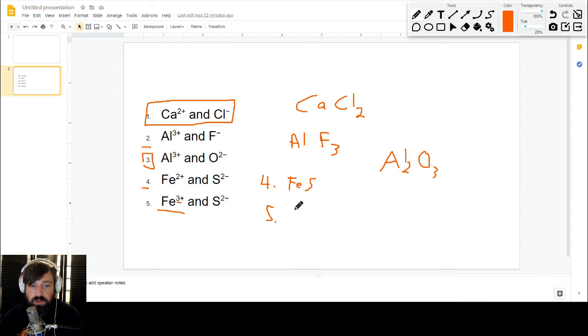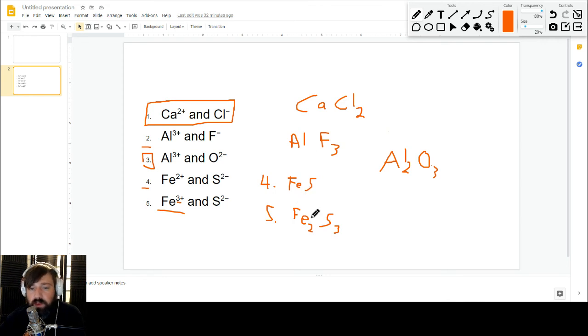We can do the same trick as before, Fe S, and just swap. 2 for the iron, and then 3 is going to move over to the sulfur.